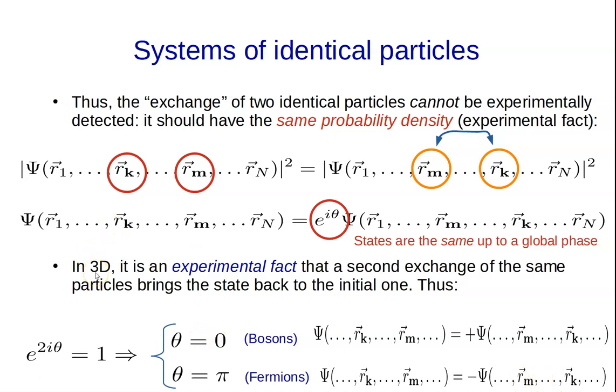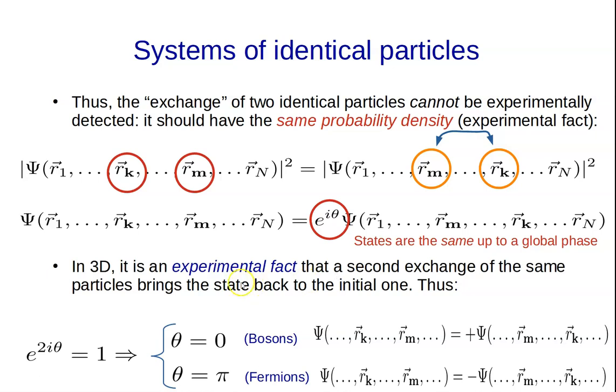Now, in 2D, and we're going to discuss that towards the end of the course, there is the possibility of having phases which are not 0 or pi, but somewhere in between. These are called anyons, and it is a very hot research topic in condensed matter now. We're going to talk about Majorana bound states and things like that.